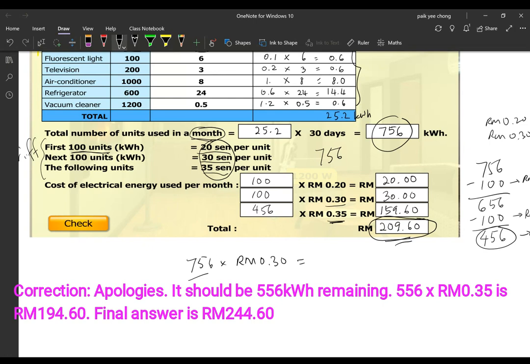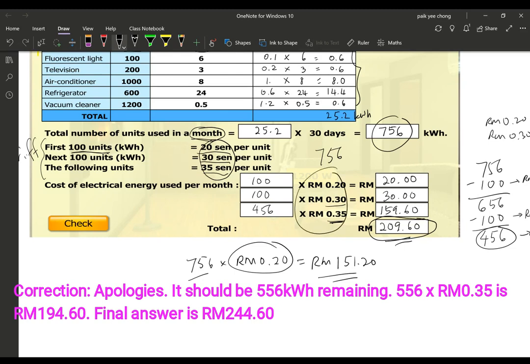If you use the cheapest rate, I should count as 20 cents, you would have 756 times 0.2. You will only end up paying 151.20 if you had a flat rate of 20 cents. But this is not the case. We actually have a tariff.